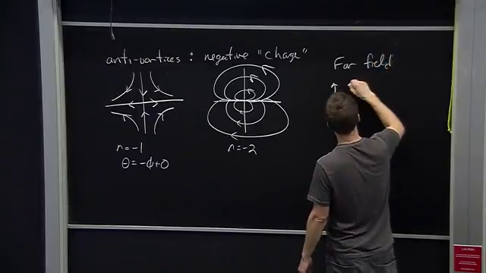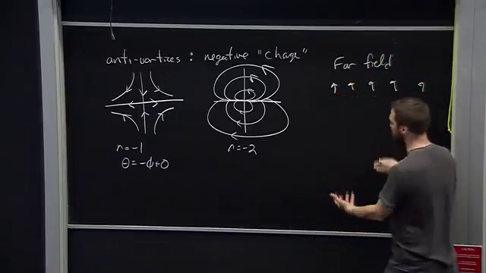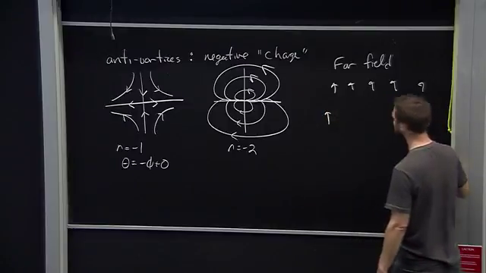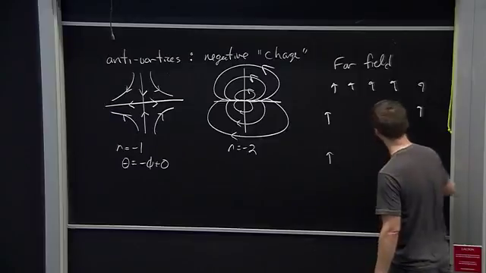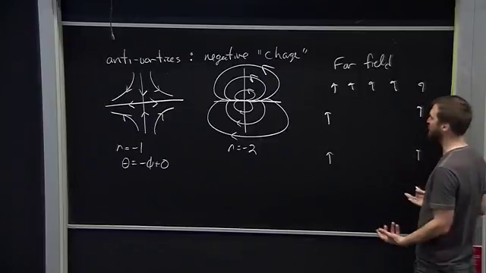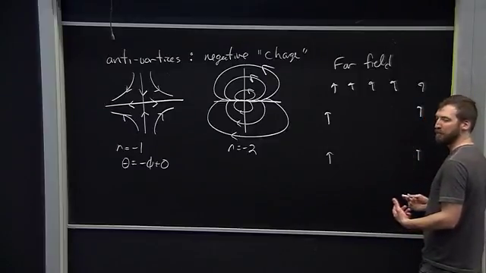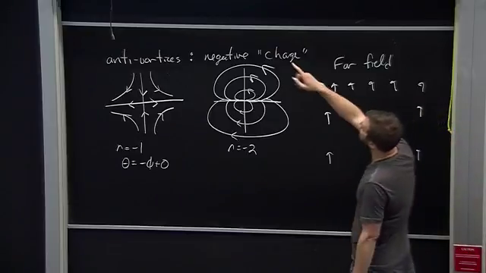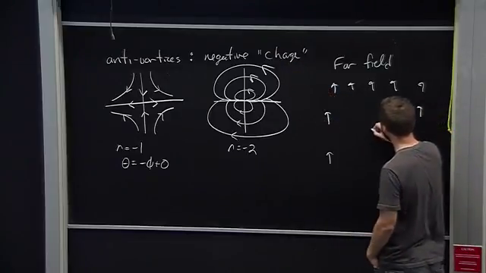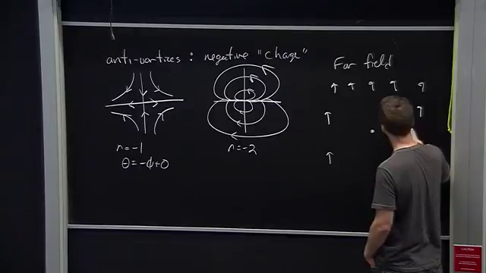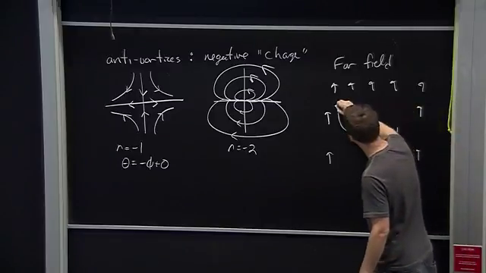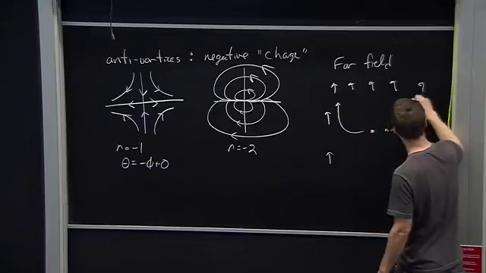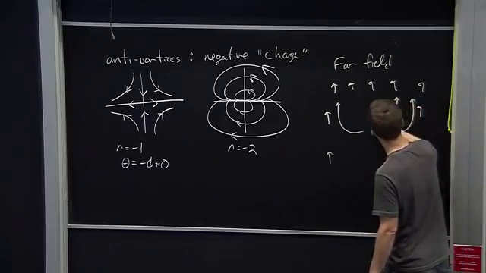Say you had a far field, a long wavelength configuration that was all pointing in one direction. You can't create a single vortex that obeys that ferromagnetic direction in isolation. If I take that n equals 1 vortex and try to bend all those lines so that they match the far field, it looks like this.